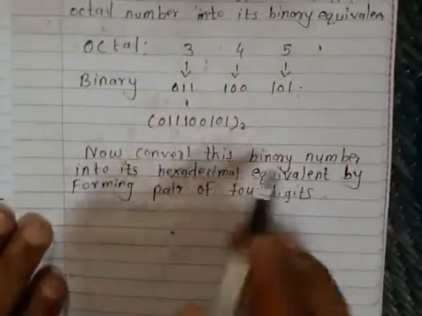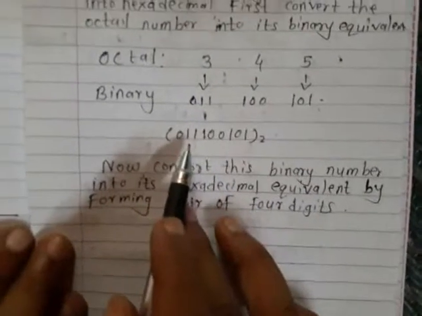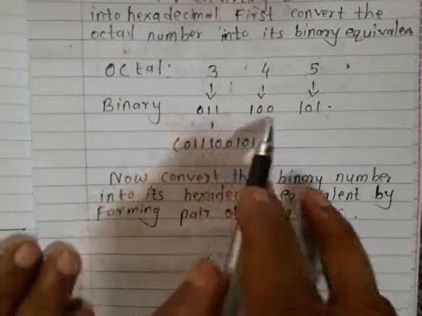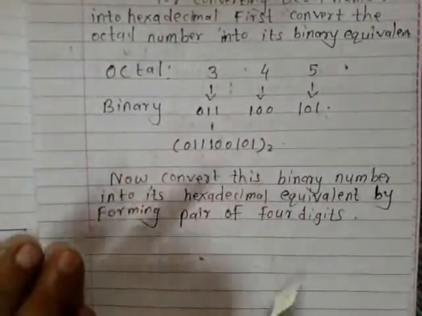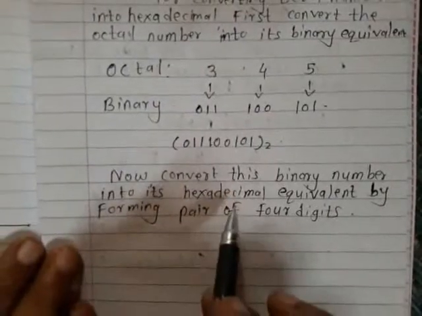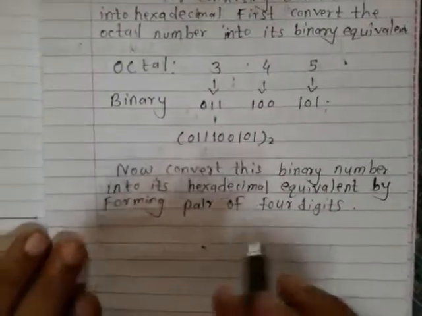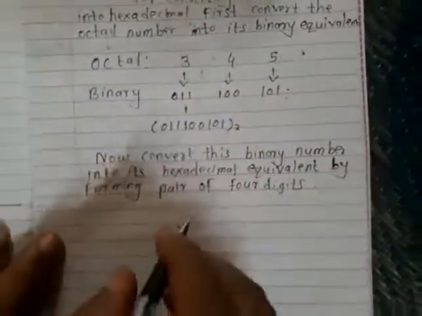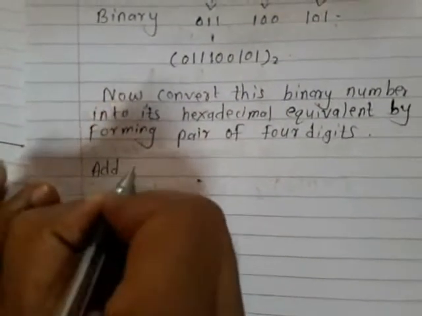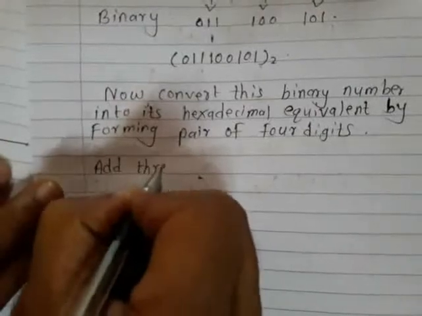Now convert this binary number, which we have solved, into its hexadecimal equivalent by forming 4-digit pairs. Now see, add 3 zeros.